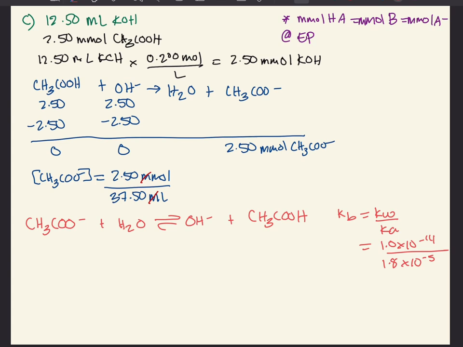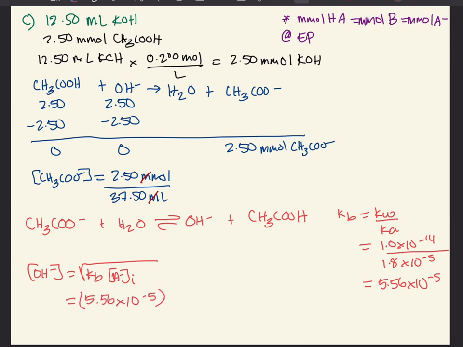So just like we saw before, we have the equation: hydroxide is equal to the square root of Kb times the initial concentration of my conjugate base. So when I get my Kb, which I calculate to be 5.56 times 10 to the negative 5, I can plug that in right here.